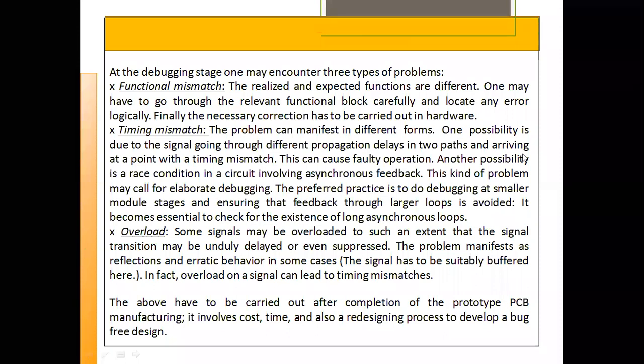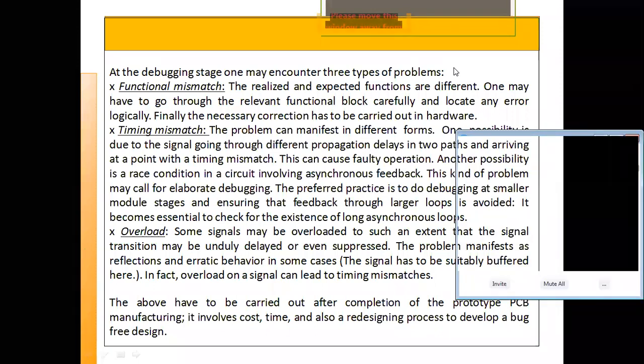Next, the other one is the timing mismatch. What is this timing mismatch? The same signal will be moving in two different paths, and it will meet at some particular position. If there is a signal A going along two paths, X and Y, and at some particular node P it arrives there, there may be some mismatch.